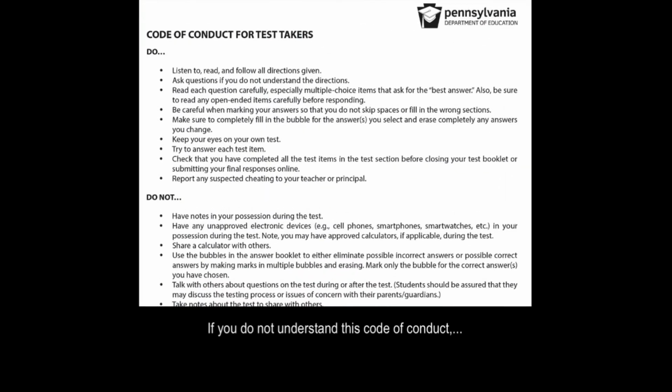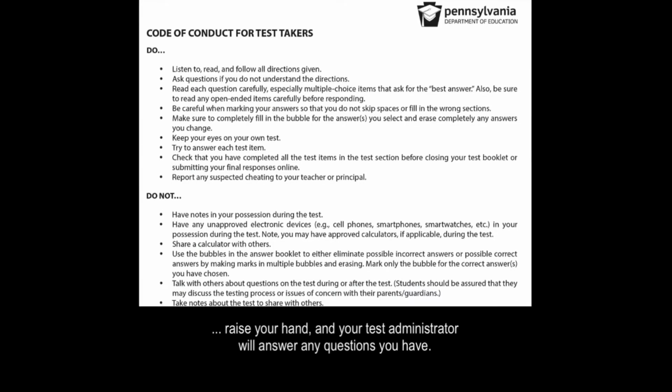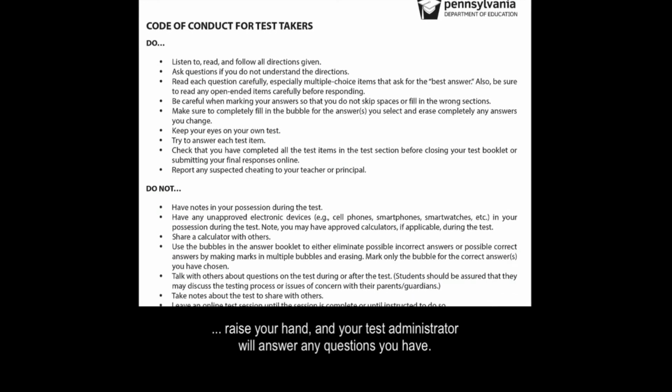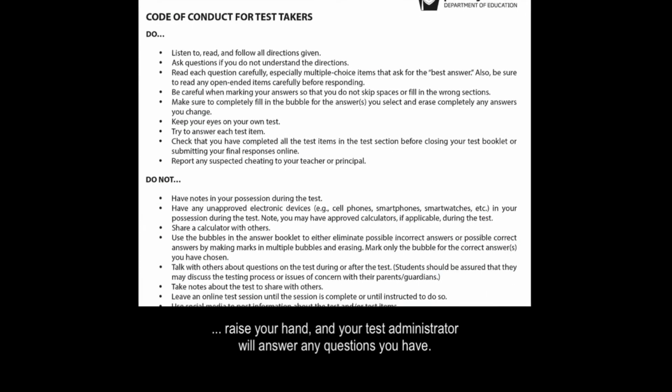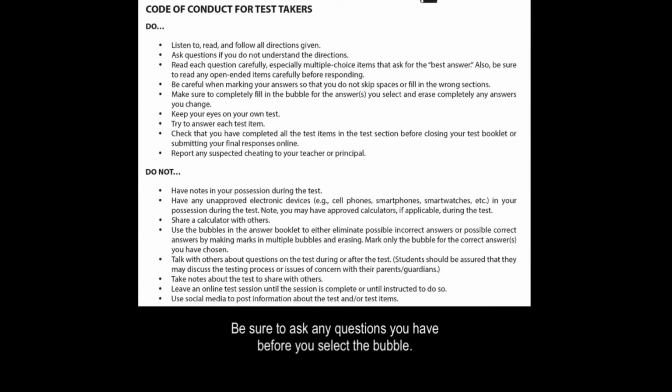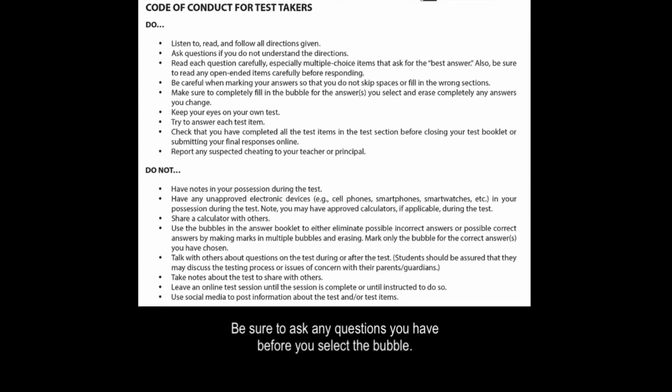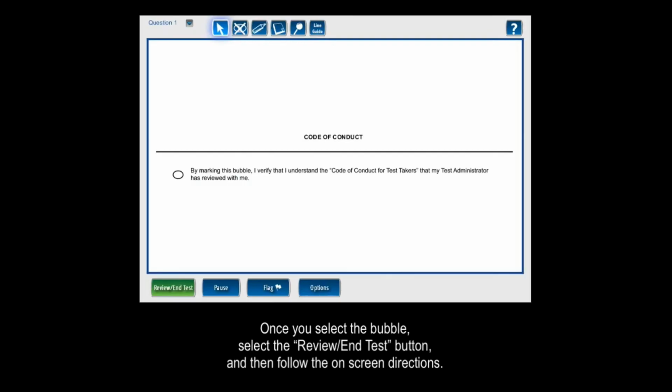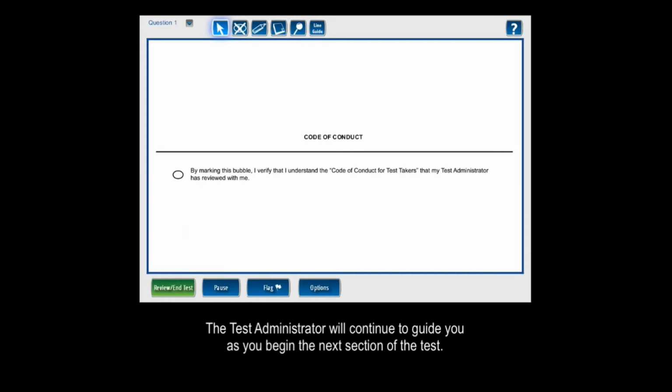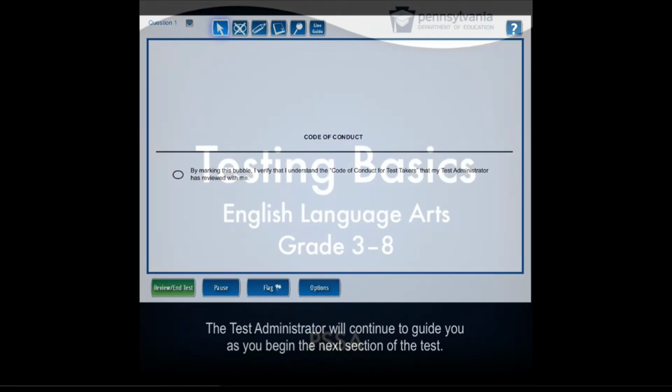If you do not understand this Code of Conduct, raise your hand and your test administrator will answer any questions you have. Be sure to ask any questions you have before you select the bubble. Once you select the bubble, select the Review End Test button and then follow the on-screen directions. The test administrator will continue to guide you as you begin the next section of the test.